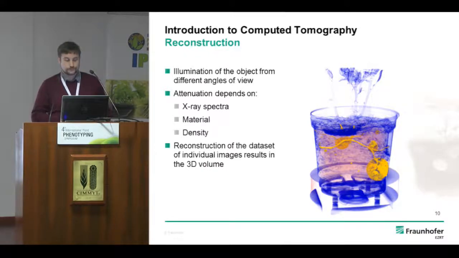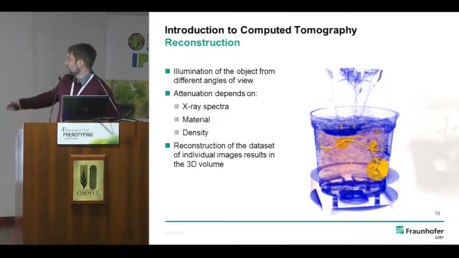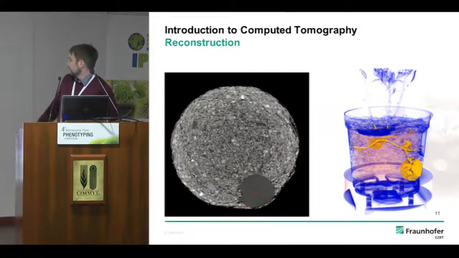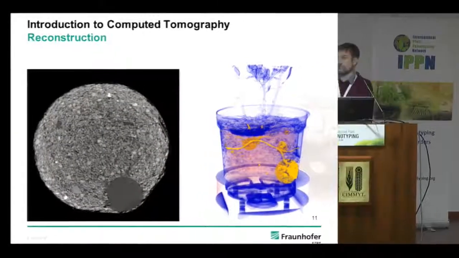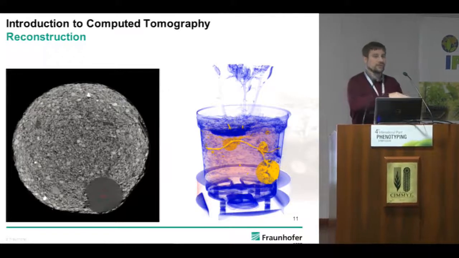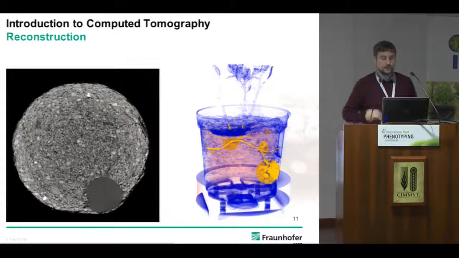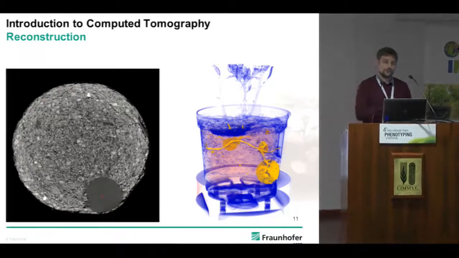So you can reconstruct this whole thing, and then make a virtual cross section to visualize the distribution of gray values within your pot.